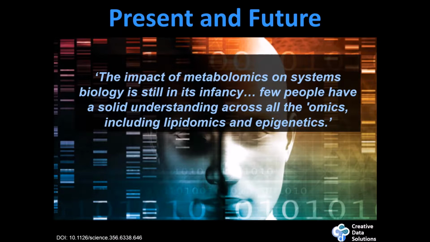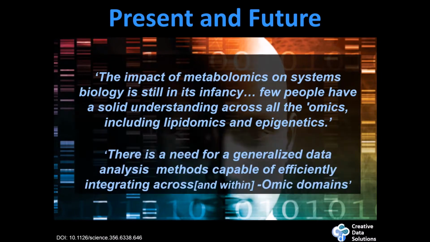I think that's very true, and what he's hinting at is that we're a little bit siloed in our work. In metabolomics, it's highly specialized. It's very difficult. The analyses we do don't really translate across the domains. And so ideally where we'd like to get to, following a second quote, is that there's a need for generalized data analysis methods capable of efficiently integrating across and within omic domains.